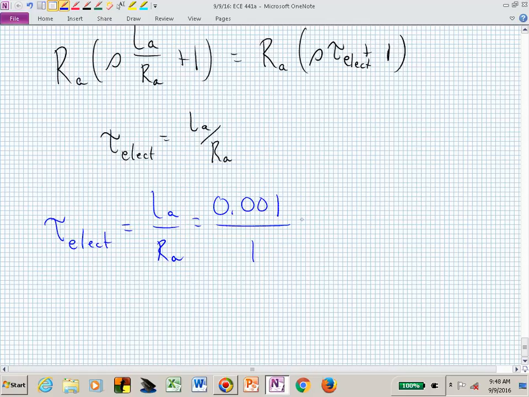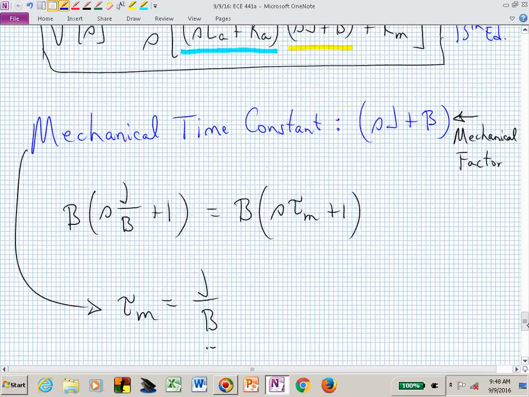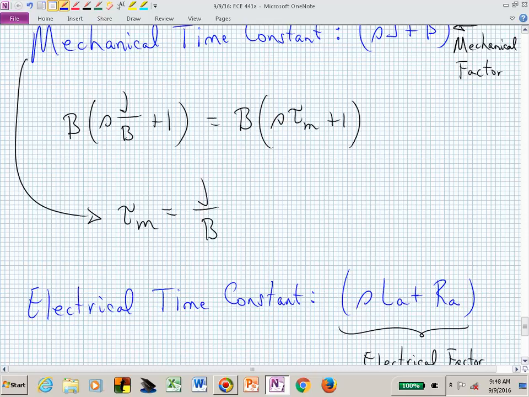Yes? Oh, yes. Good catch. The question was, you're overloading tau sub m. So let me say this is MECH. How's that? That's not the same as the motor torque.